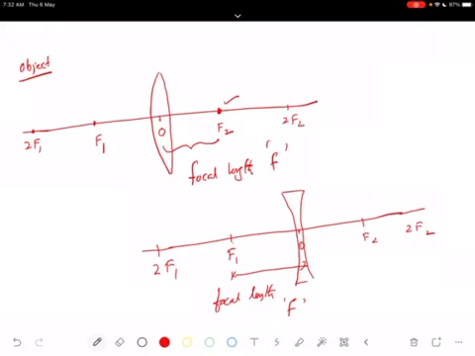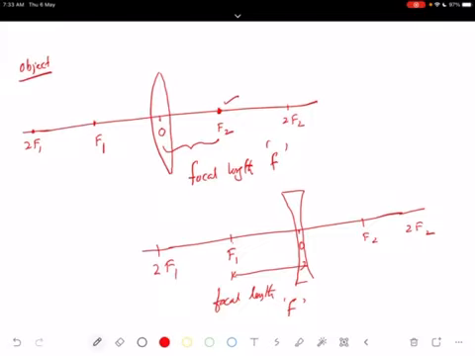Now image formation in the case of convex lens is similar to that of concave mirror, and image formation in the case of concave lens is similar to that of convex mirror. The convex lens is equivalent to concave mirror in image formation, and concave lens is equivalent to convex mirror in image formation.